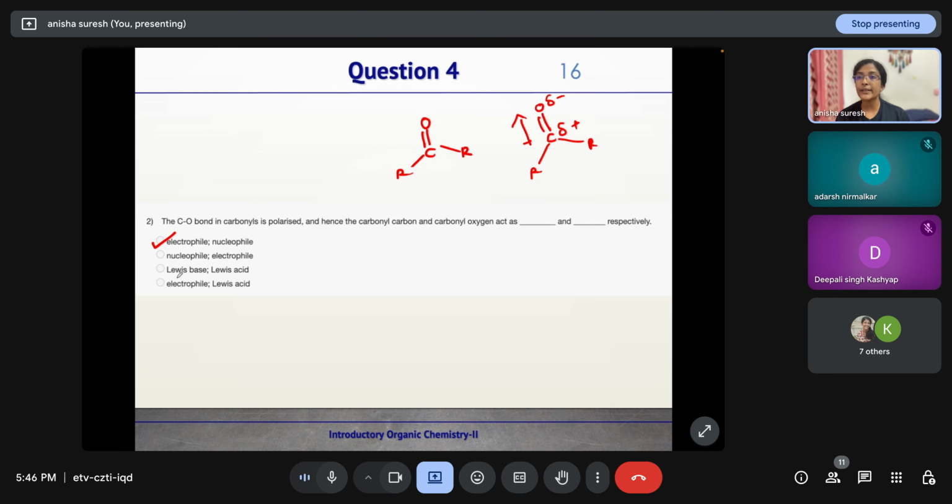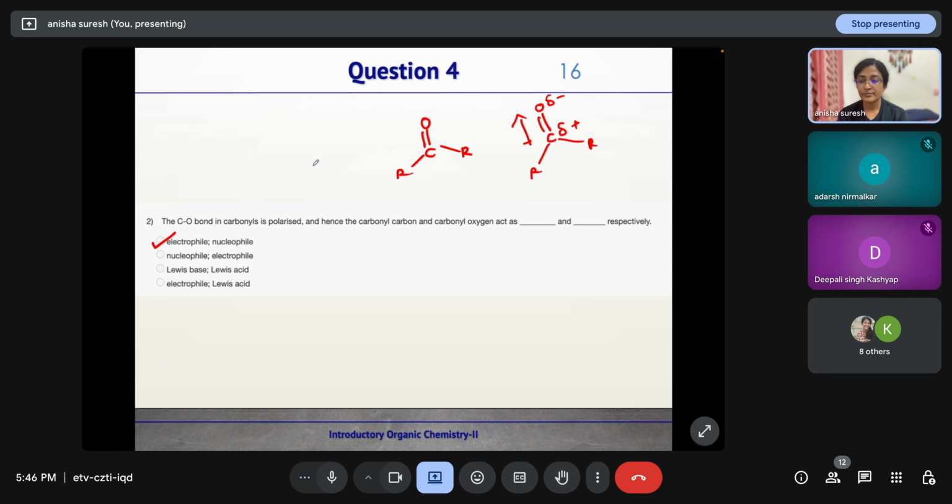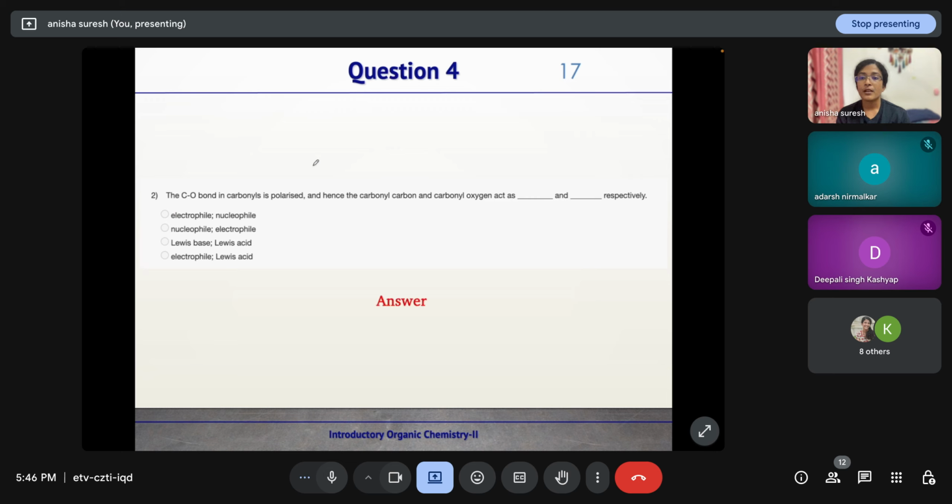Electrophiles will be electron deficient in nature and nucleophiles will be electron rich in nature. So the answer will be option A.